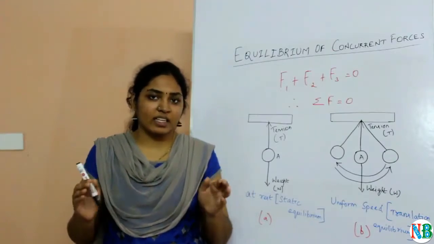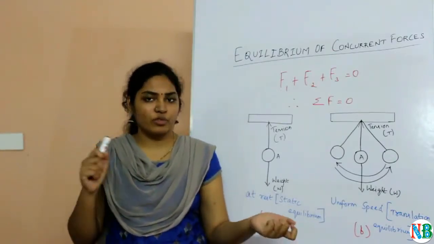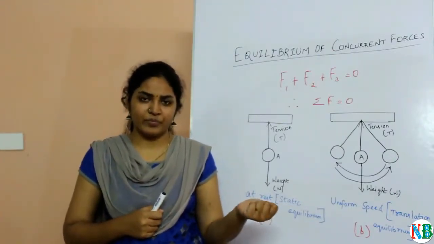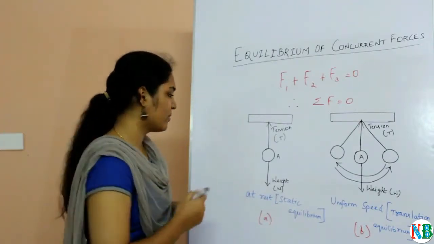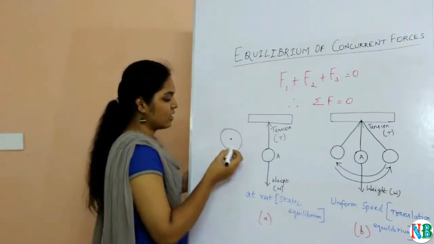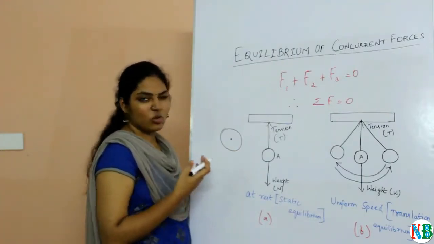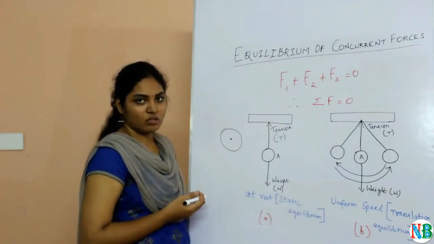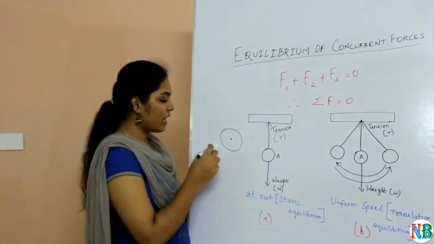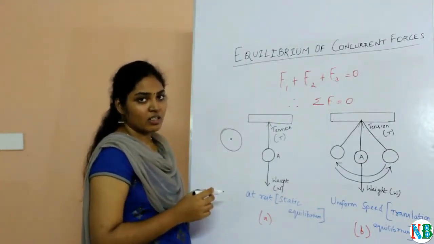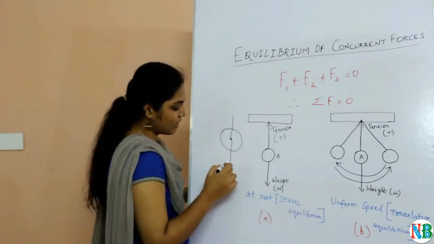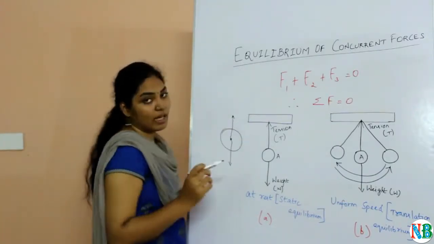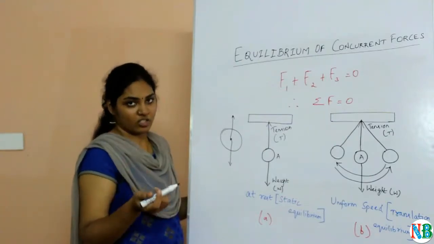Let's consider this particle as a stone or anything, like this ball. This particle is at rest because all the forces acting upon it are equal in magnitude and opposite in direction.